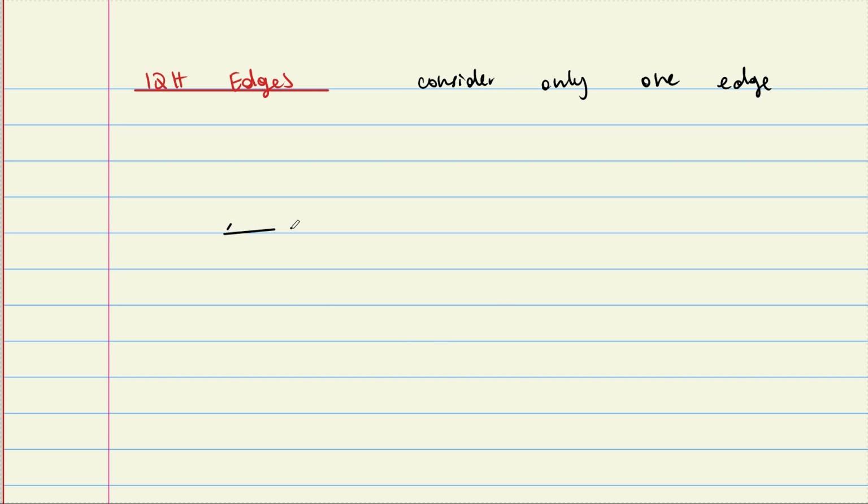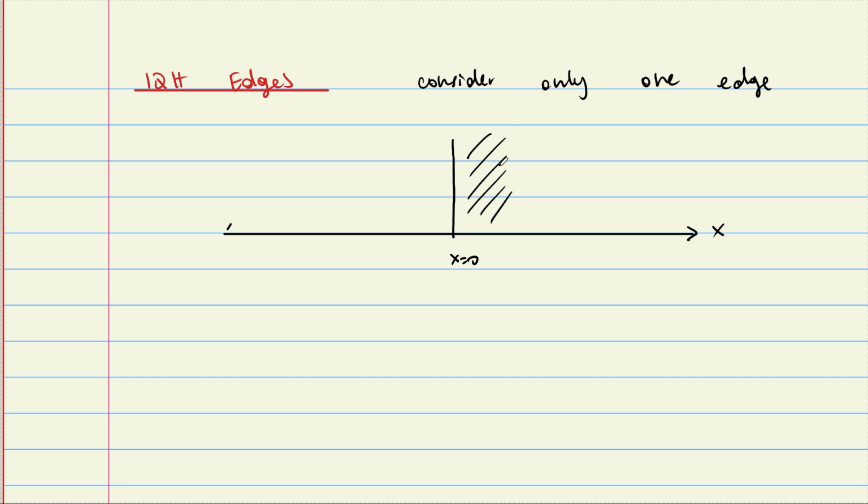So I want to have this coordinate system, right? Like x, and suppose I put my edge at x equals 0, and here this is an infinite wall. That means the wave function has to vanish as soon as you enter this domain.